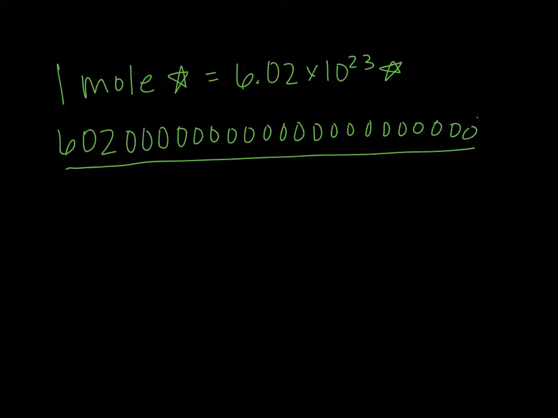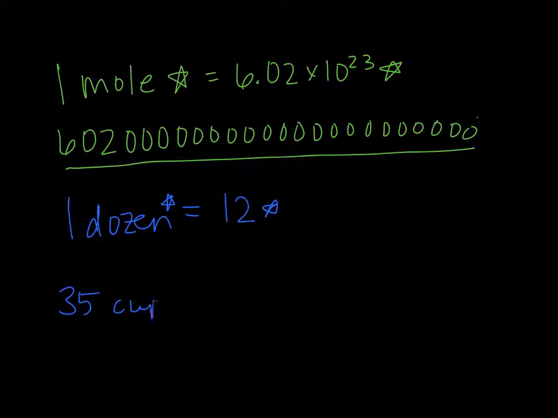So before we do these conversions, let's talk about a dozen real quick. So we all know that 1 dozen is equal to 12 things, right? So if we have a dozen stars, that means we have 12 stars. And so let's say we've got 35 cupcakes, and we want to know how many dozen that is, right?